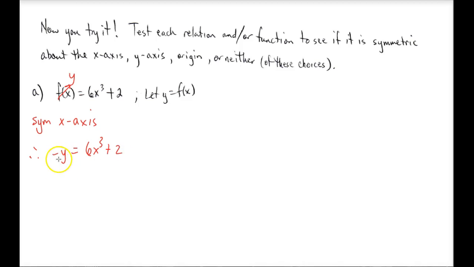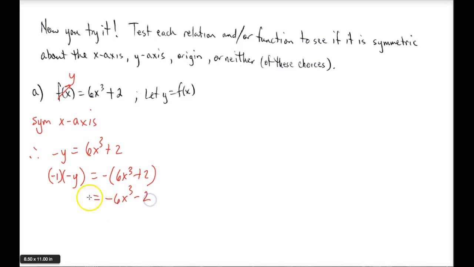Okay, and so now if I multiply both sides of this equation by -1, then what I'm going to get when I do that is going to be -6x squared plus 2 equals y. And of course, what we have here does not equal what we originally started with, which was 6x squared minus 2. So we know that it's not symmetric about the x-axis. Okay.